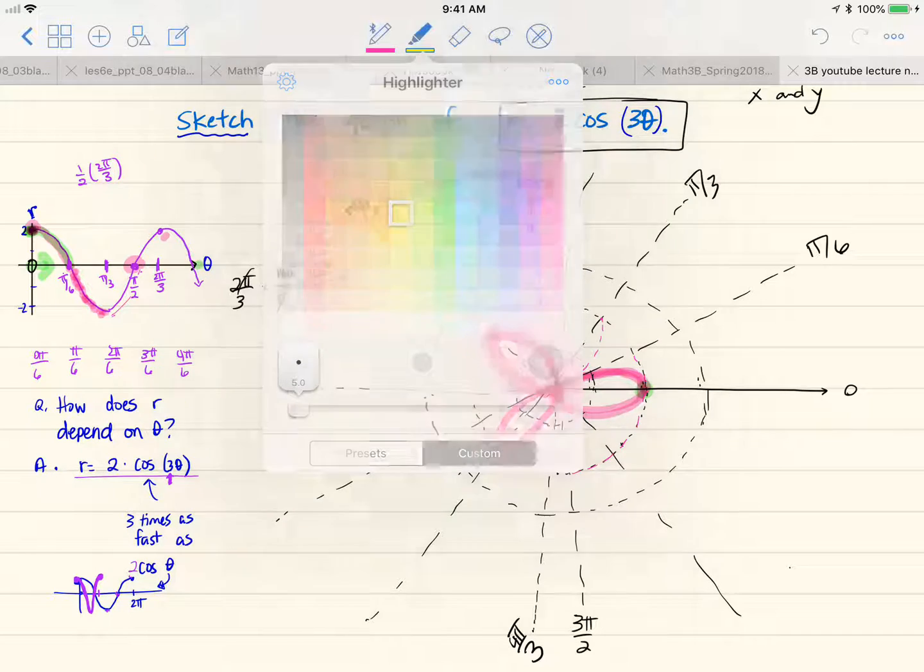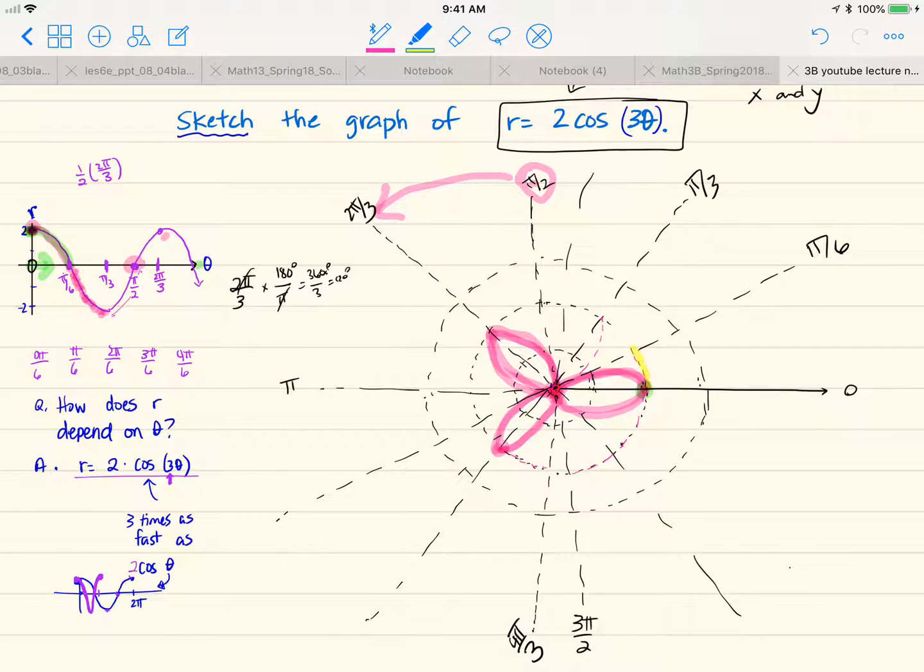As we do this, notice that our curve never extends past r equals 2. And that makes sense because our r values are never going to be larger than 2, because cosine is always in between 1 and negative 1. So r is going to be in between 2 and negative 2.